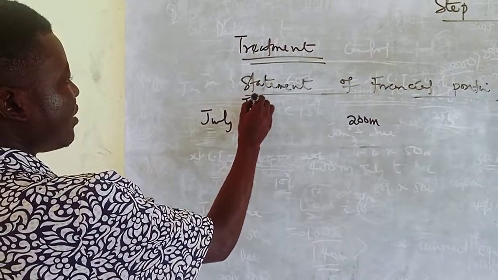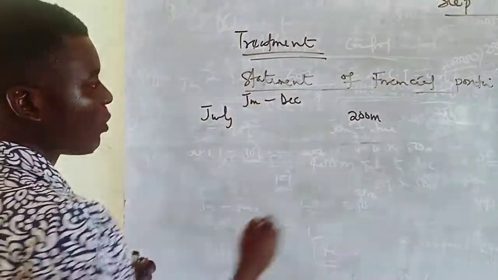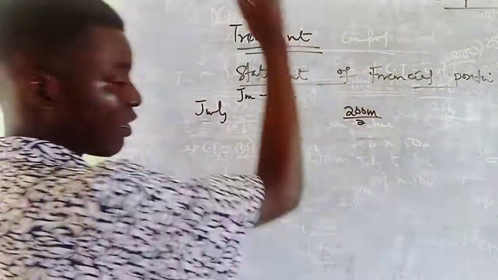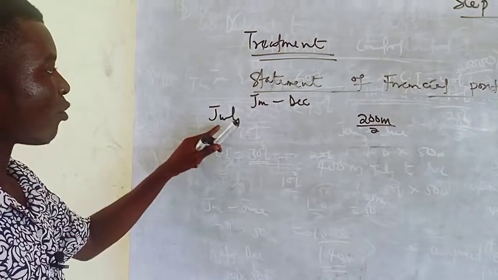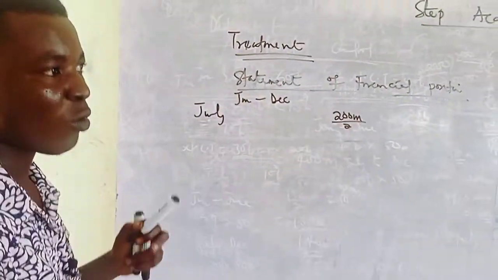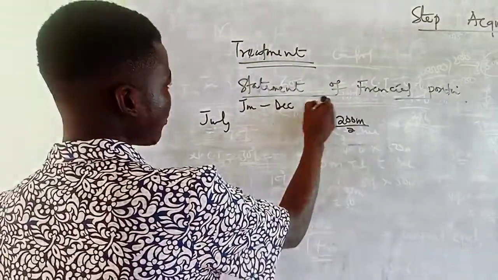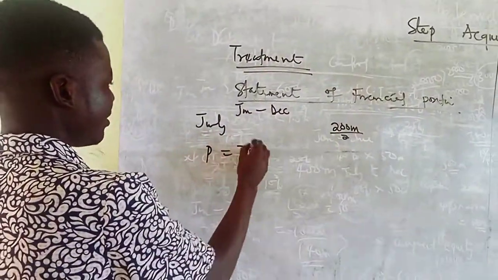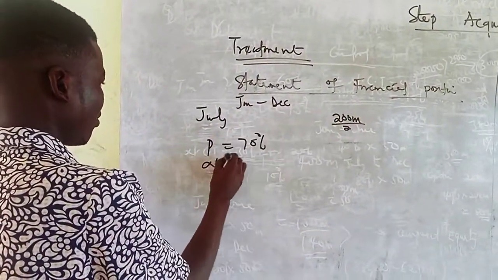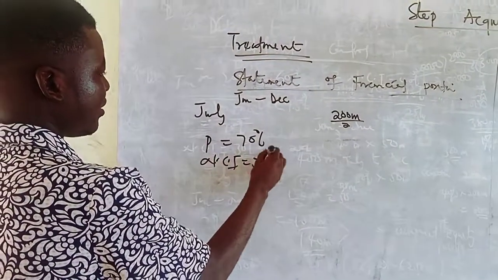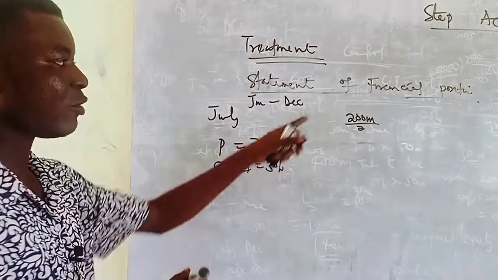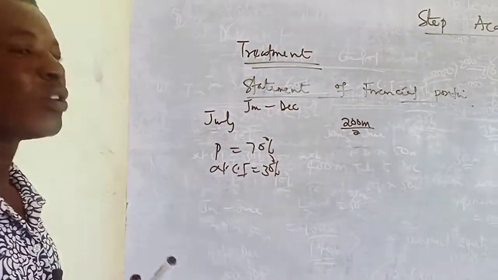The reporting year is January to December. Then we have to divide this, because this was acquired on July. That is 6 months. So the parent was having 70, NCI was having 30. So NCI was contributing 30% to the profit from January to July.